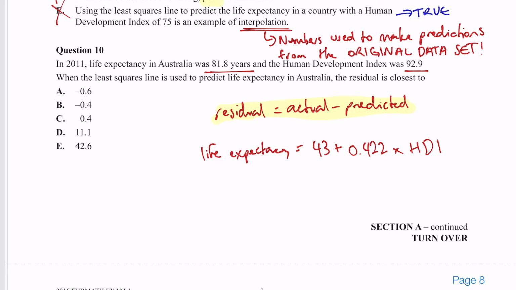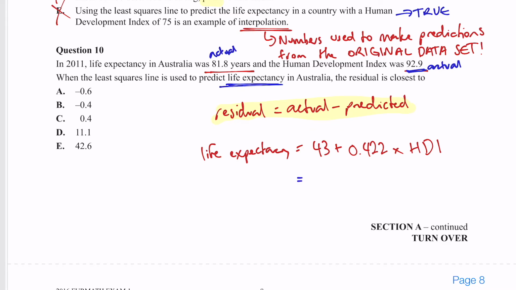So these values are actual. When the least squares line is used to predict life expectancy, so we want to predict life expectancy, the residual is closest to. So we want to predict life expectancy, and we want to use this value because this is the only HDI value we have.